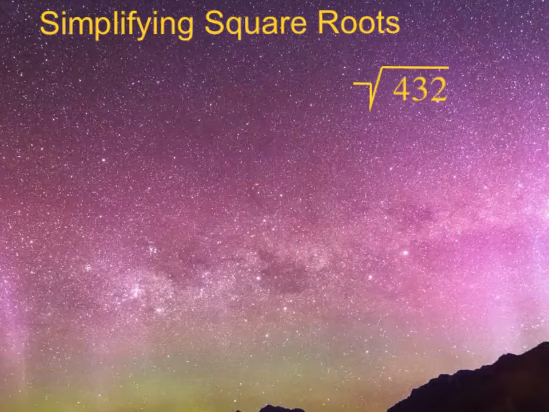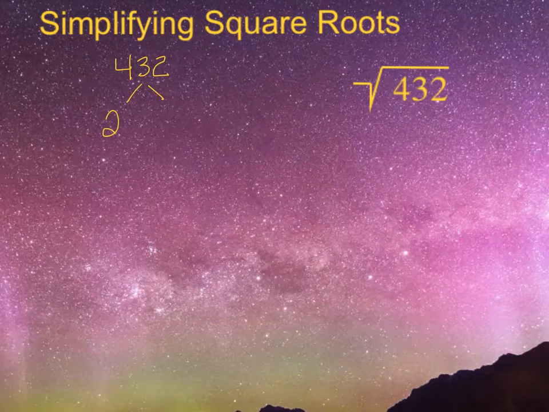All right, so 432. I can see that that's definitely divisible by 2. It's an even number. And so that is 2 times 216, if I did my math correctly.